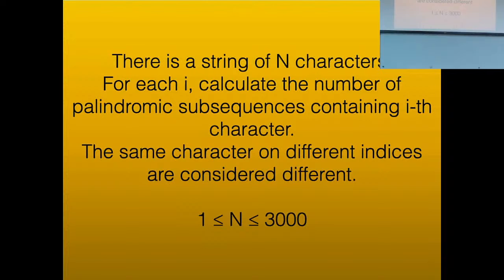Okay, so a palindromic subsequence is like you take the first and the last character, they're the same, and the second and the second from the end are also the same, and so on. That's a palindromic subsequence. Now imagine you take the string and the reverse of the string.